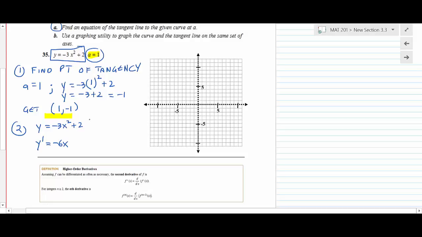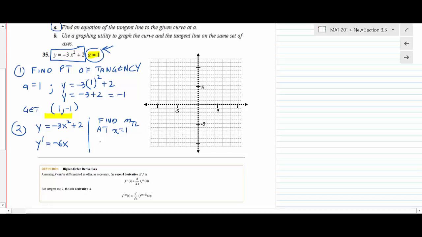Now you have to find the slope of the tangent line. I'm going to write that as MTL for slope of tangent line. And you're doing that at x = 1. Remember, I have to give you that value.